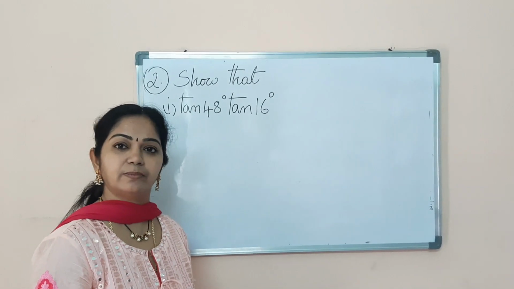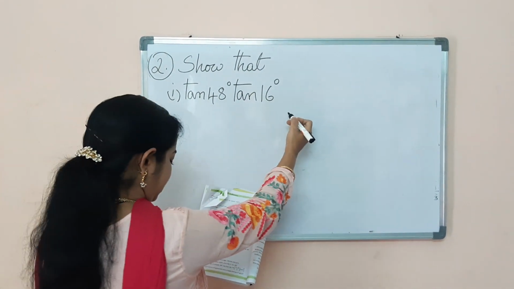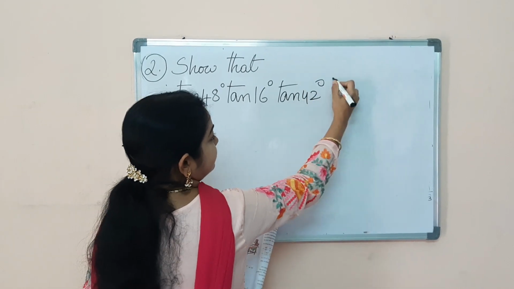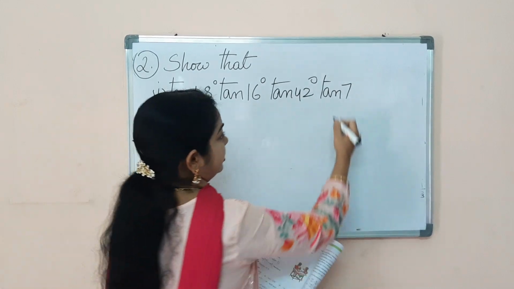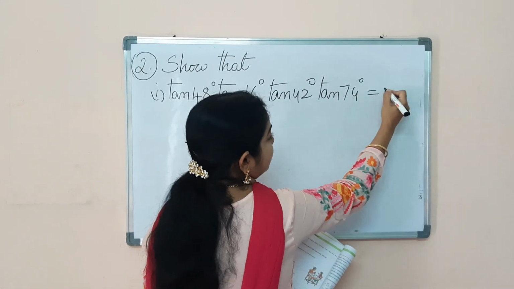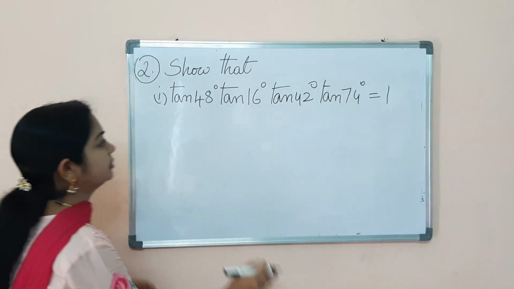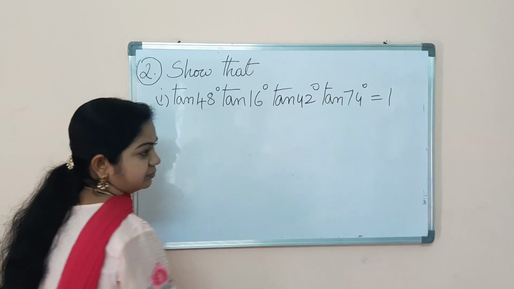So we'll do one more problem in exercise 11.3. Tan 48 degrees, tan 16 degrees, tan 42 degrees, tan 74 degrees equals 1. This is a show-that problem. See here, 48 degrees, 16 degrees, 42 and 74.